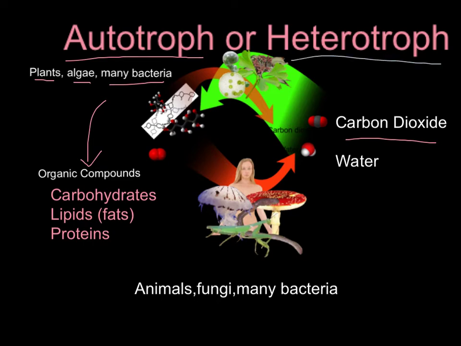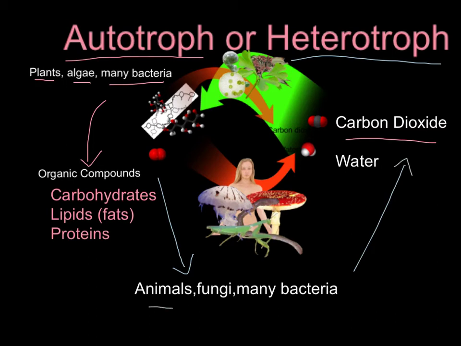Heterotrophs, or another word for that would be a nutrition, is an organism that cannot fix carbon or use organic carbon for growth. This is different than an autotroph because an autotroph can use those different energy sources to make organic compounds. A heterotroph cannot do that. A heterotroph has to use those organic compounds in order to breathe and have different life processes.